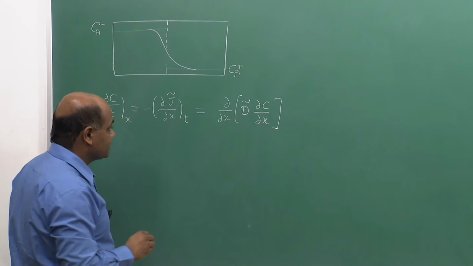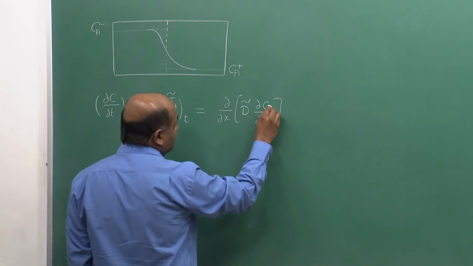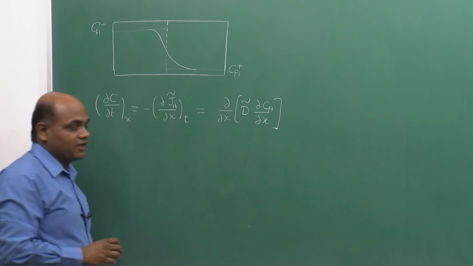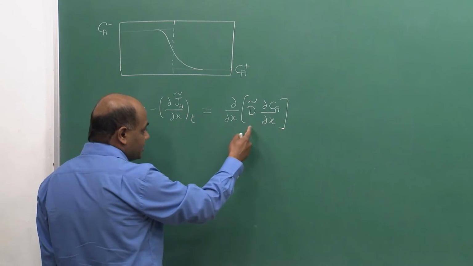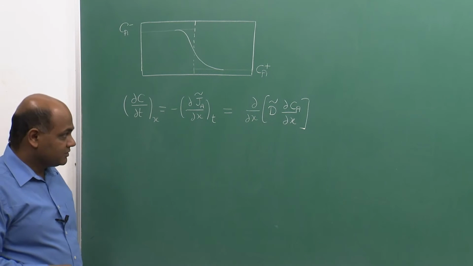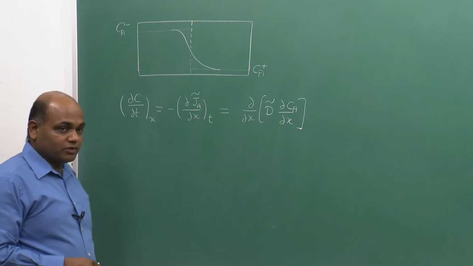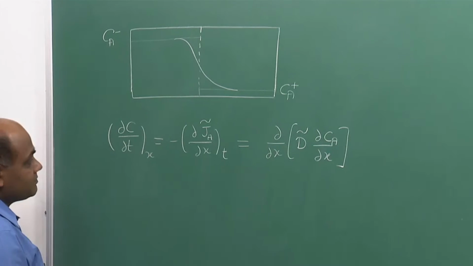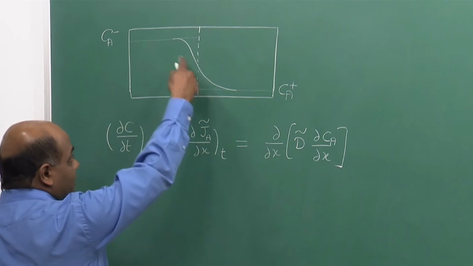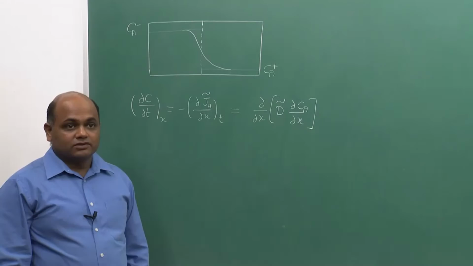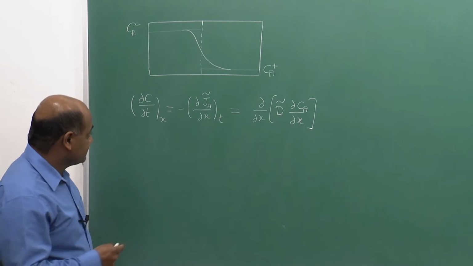Since we are referring to component A, let us call this J A tilde and C A. Of course, we are referring to the binary interdiffusion here, which needs only one interdiffusion coefficient for both component A and B. We need to solve this equation for D tilde, and D tilde is varying with x. So, we will use the approach proposed by Boltzmann here.